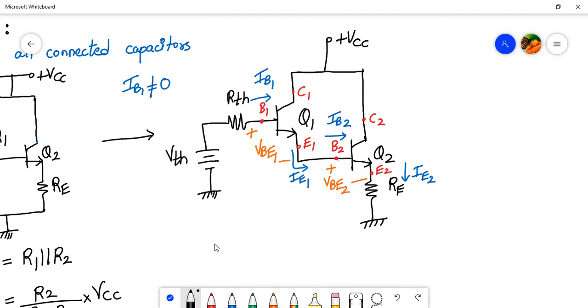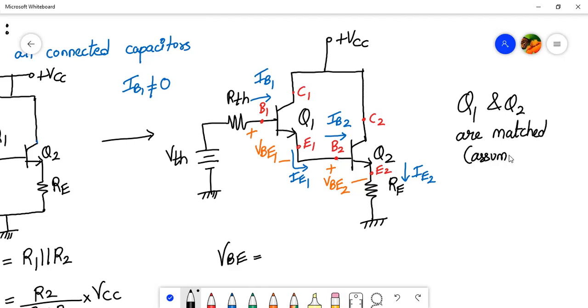So what is the overall base to emitter voltage for this Darlington pair? I consider VBE1 and VBE2 the same, if Q1 and Q2 are matched. That's an assumption. So if Q1 and Q2 are matched, I can say that VBE1 is equal to VBE2. And further, I can say beta 1 is equal to beta 2.